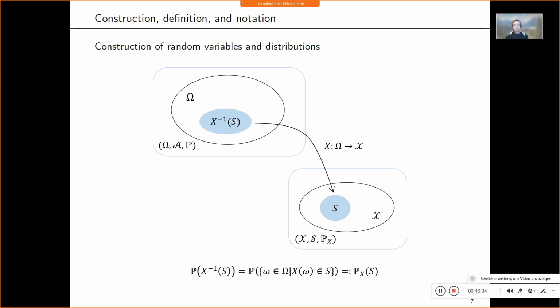And if it's measurable, we can easily assign a probability to the set S here in X, namely the probability that was associated with the pre-image, this X to the minus 1 of S in here. So that's a visualization of what I just described.